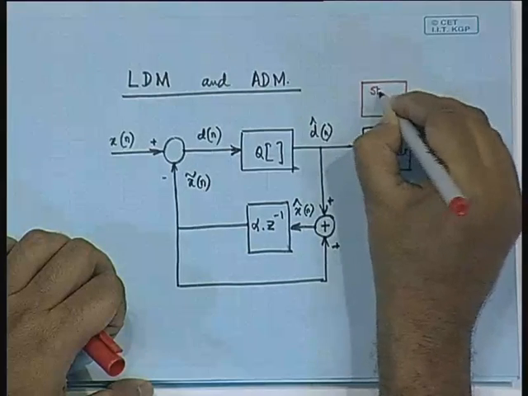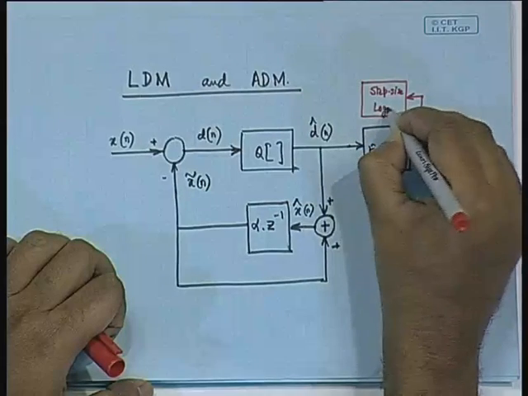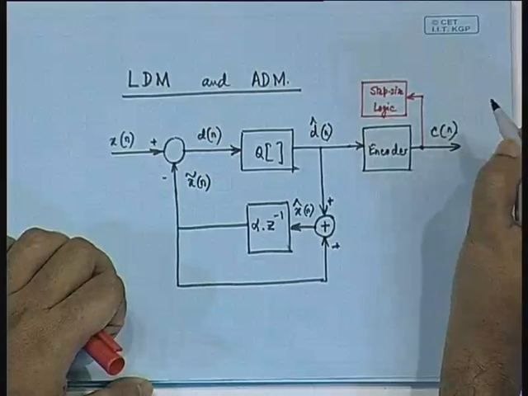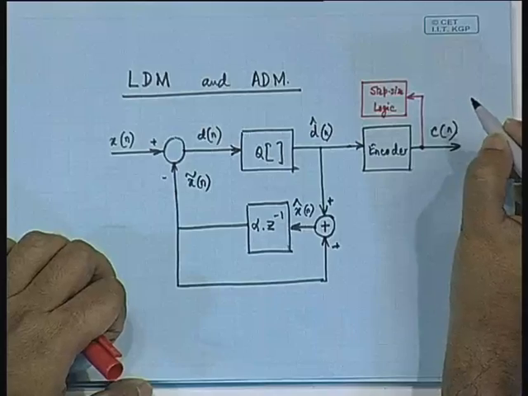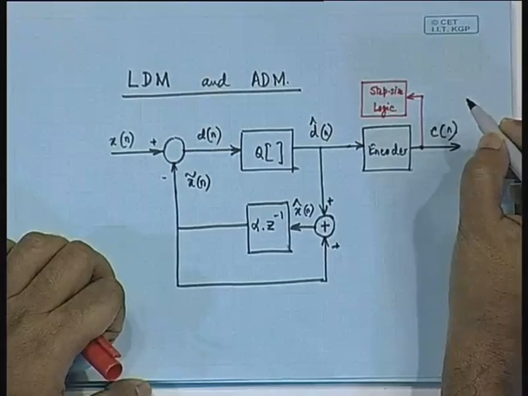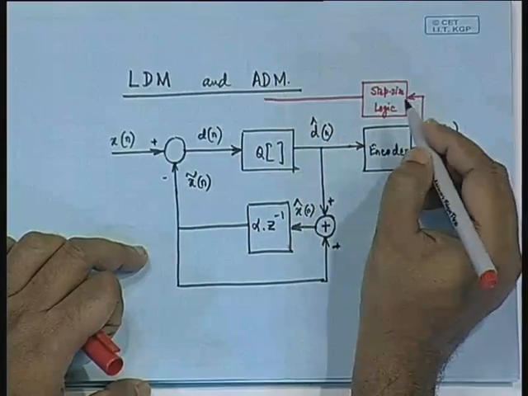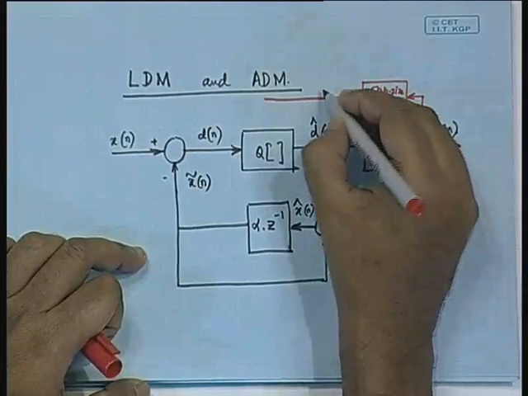This logic is ultimately going to dictate whether the step size should be increased or reduced, and to what extent it should be increased or reduced. The output of this step size logic is not delta but delta of n.